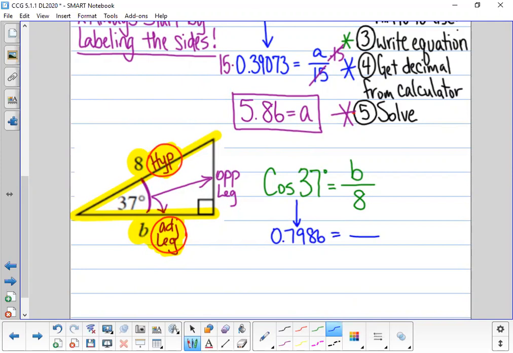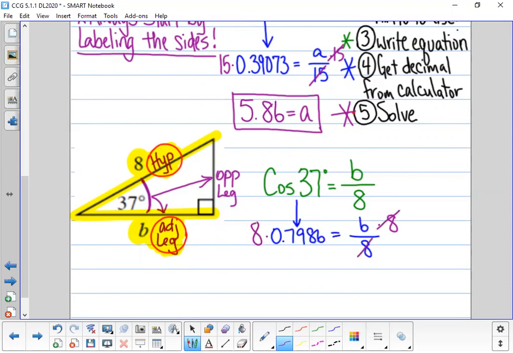All right, I did nothing to the right side, so I still have b over 8. Now I have an equation that I can solve for b. It's being divided by 8. To get rid of that division, I would multiply both sides by 8, and that would get rid of the division.